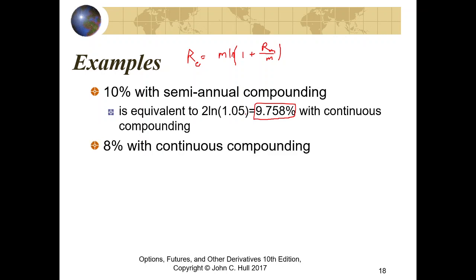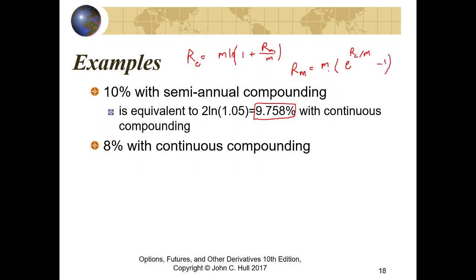Now, let's assume I have 8% with continuous compounding, and I want to find, let's say, the quarterly rate. To get the quarterly rate, we need to use the formula for converting from continuous into a discrete rate, which is Rm is equal to M times e to the power of Rc divided by M minus 1.